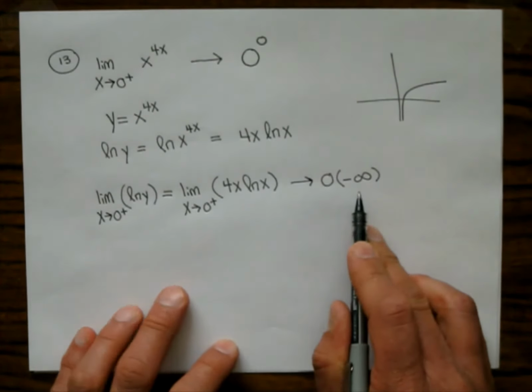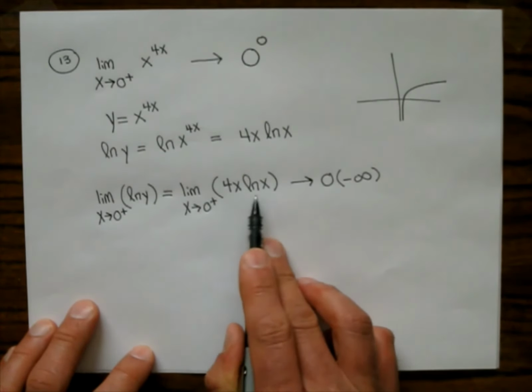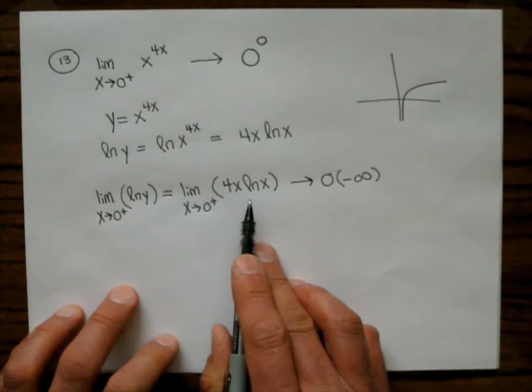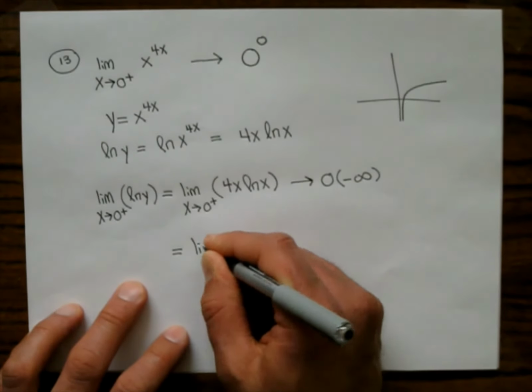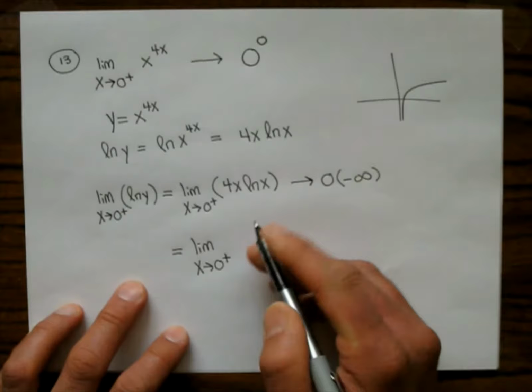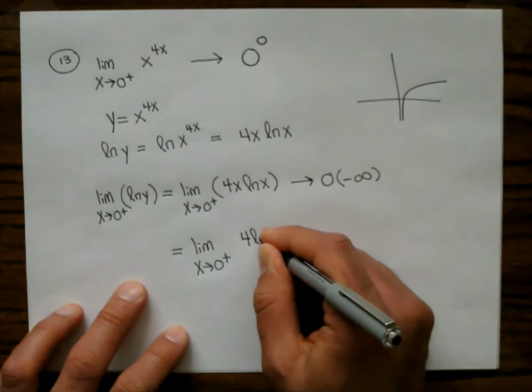This is a 0 times an infinity, or a 0 times a negative infinity, so I have to do some trick to this to make it something that we can do L'Hopital on. So the trick that I'm going to do is I'm going to take this x. Okay, so watch this. I'll leave the 4 up here.